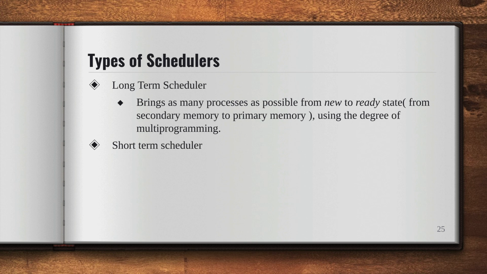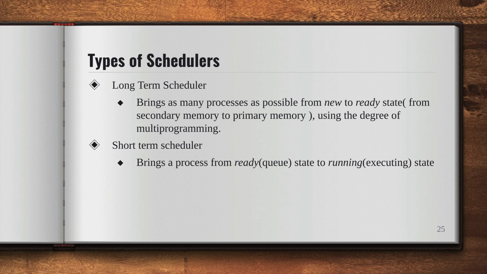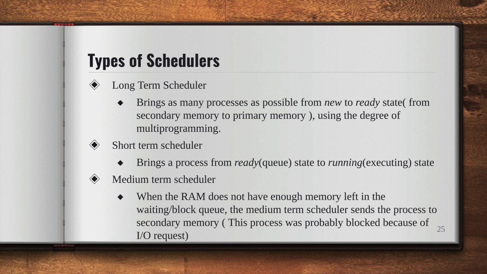Then we have the short-term scheduler, which brings the process from the ready state to the running state. And then we have the medium-term scheduler, which says that when the primary memory does not have enough memory left in the waiting or blocked queue, it sends the process to the secondary memory, because probably this process was blocked because of an IO request.